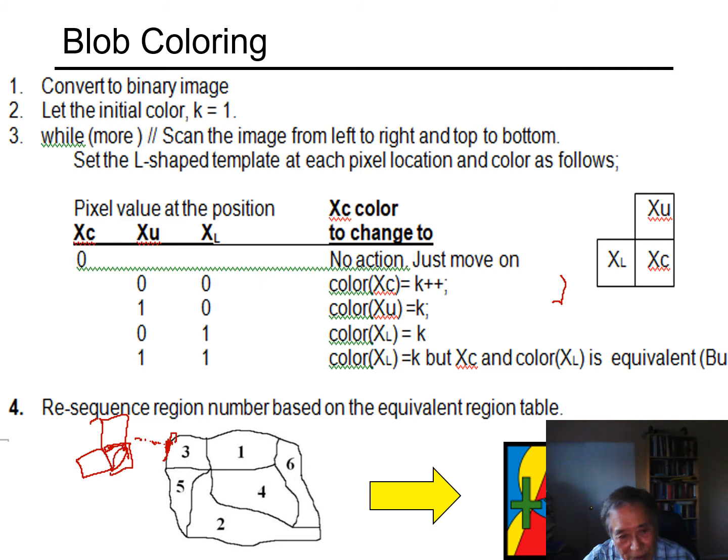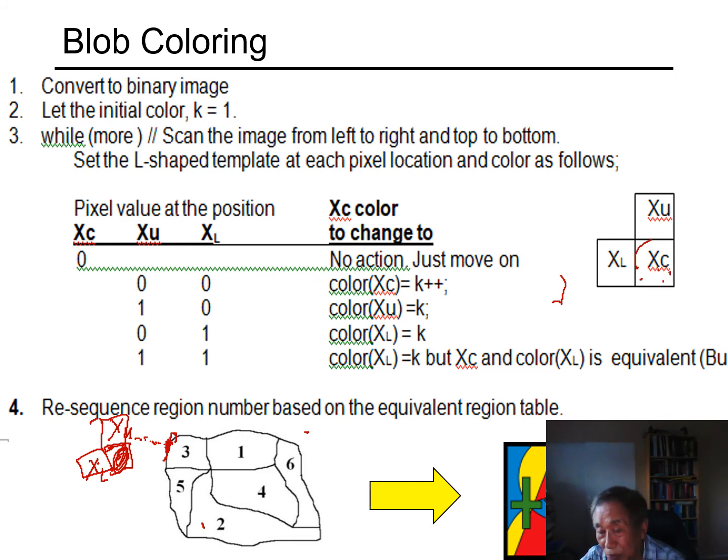This is the current pixel, and we are going left to right and top to bottom. This one is the pixel value x, with the pixel above and the pixel to the left. Each time we look at the pixel above, the pixel to the left, and the current pixel, and make the comparison.